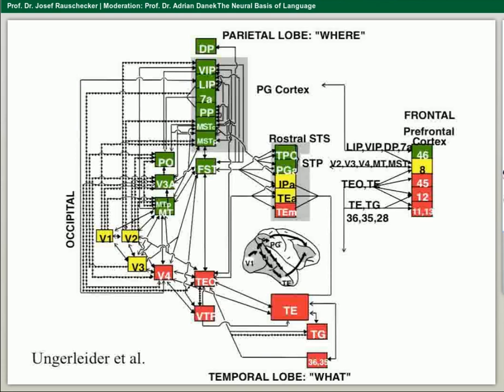So down here's V1 in the monkey brain, down the temporal lobe here, there are all these areas that are shown in red here that contribute to object perception, and the face cells sit somewhere down here, and people have found neurons that respond to hands and to other kinds of complex visual scenes.